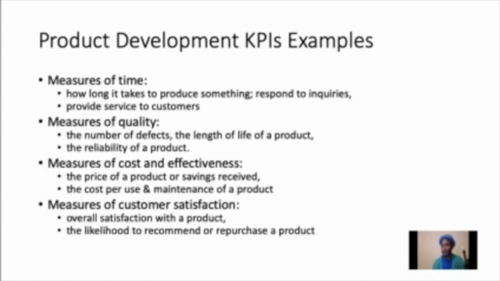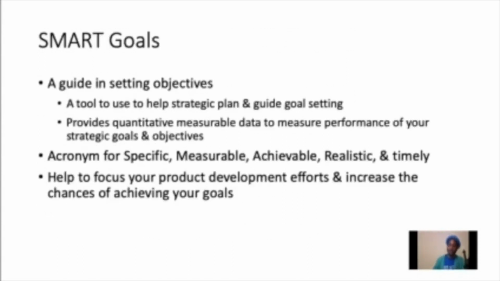You can also set key performance indicators around cost and effectiveness, and customer satisfaction. Whatever the case, a key performance indicator helps you monitor the goals and objectives associated with your product development process.